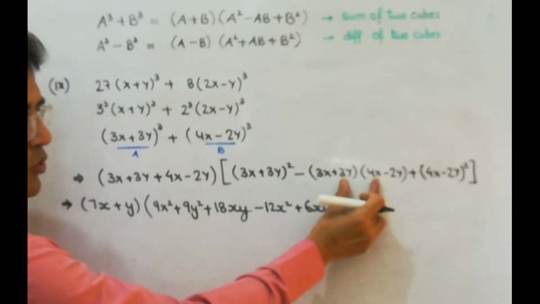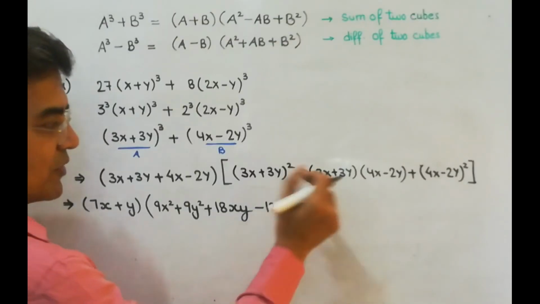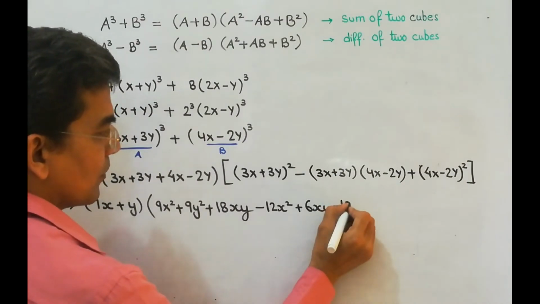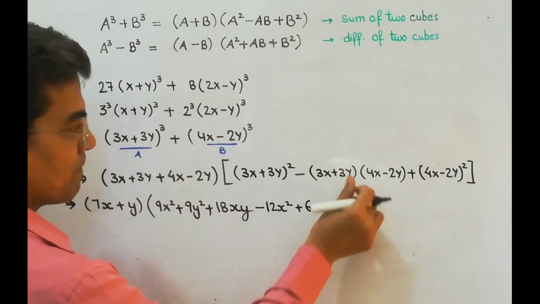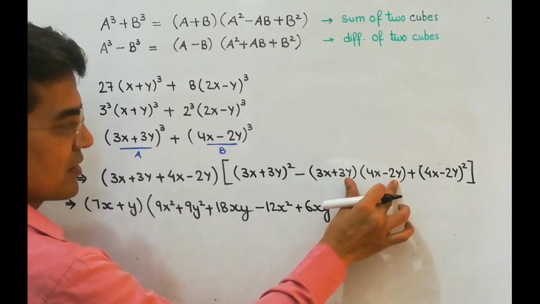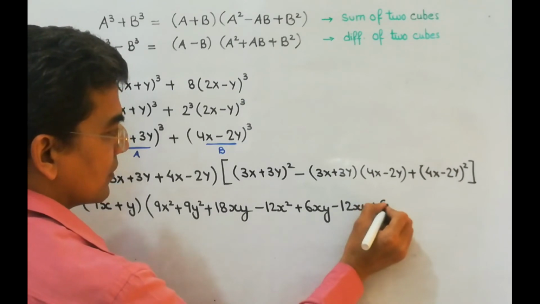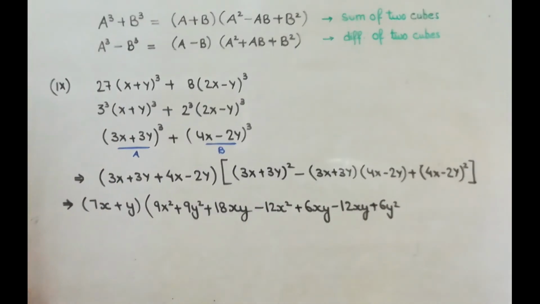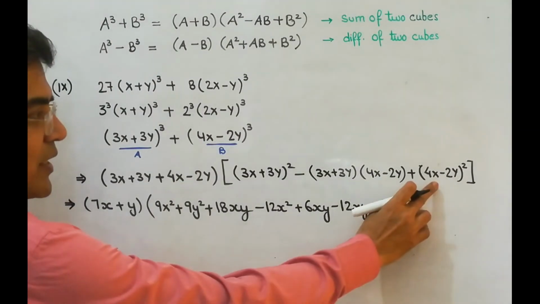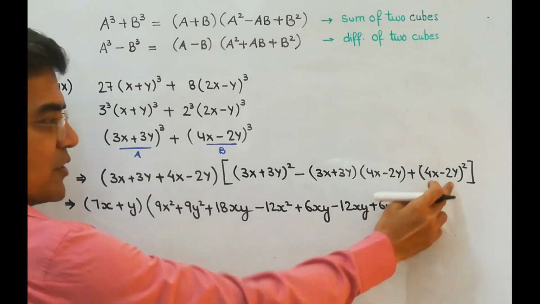This will give you 12xy, opening with minus. This will give you minus 6y square, opening with minus, so plus. We have opened this bracket, and now the last bracket is to be opened with the formula a minus b whole square.